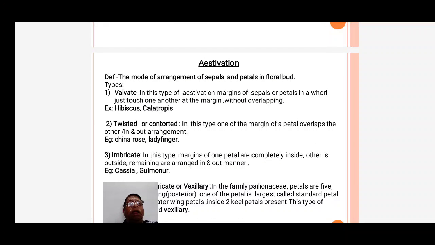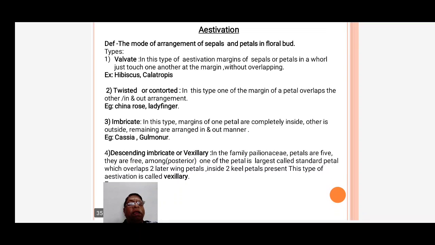Now we shall see another important part for the examination, estivation. Definitely it appears in your examination. What is estivation? The mode of arrangement of sepals and petals in a floral bud is called estivation.